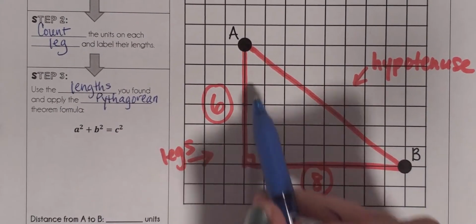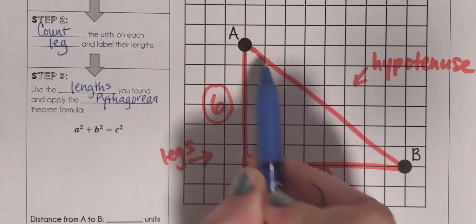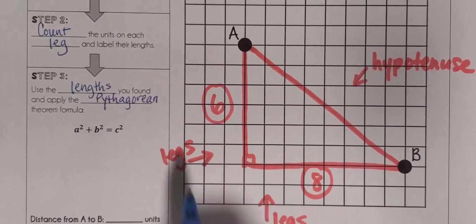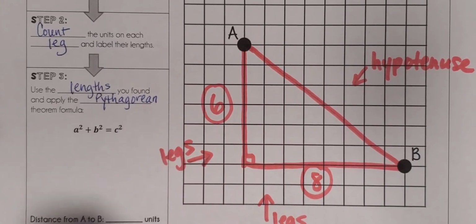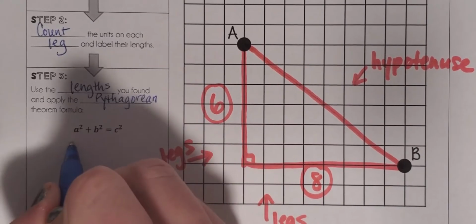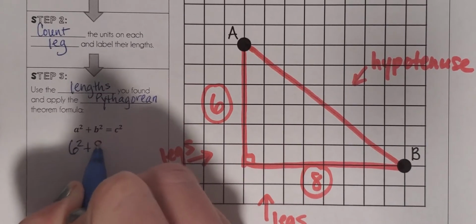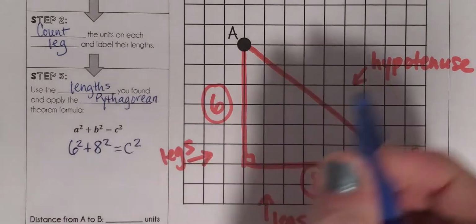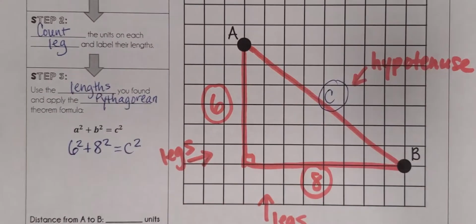And we're going to be able to solve for this distance, or the hypotenuse distance. In this case, since 6 and 8 are my 2 legs, I know that those stand for my a and my b. So I'm going to replace my a and my b with my 6 and my 8. So I have 6 squared plus 8 squared, and it is going to equal c squared, since c is my hypotenuse.